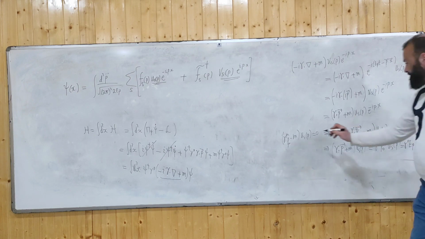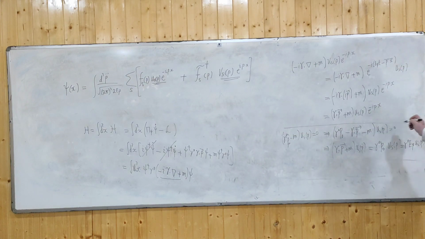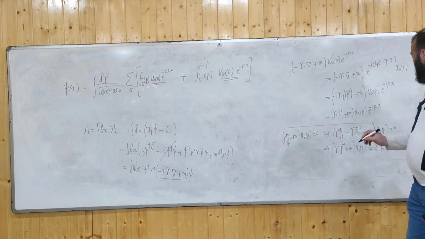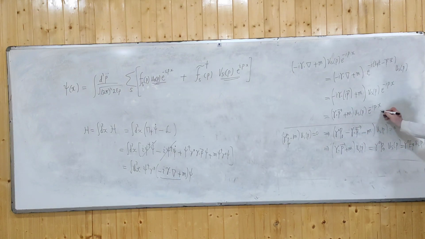So therefore this object will be simply equal to γ^0 E_p u_s(p). Keep the order of these things: γ^0 is here and u_s is here, because γ^0 is a matrix and u_s is a column vector.